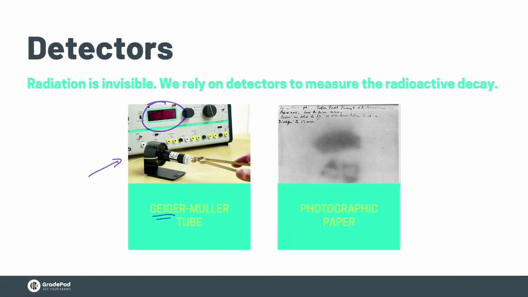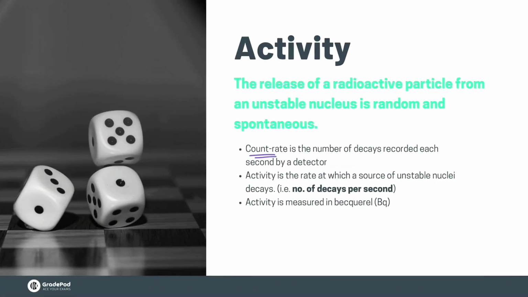So using our Geiger-Müller tube, we can record the number of decays every second. And we measure how much that count rate is by something called activity. Activity is the rate at which a source of unstable nuclei decays. And in simple terms, that means it's the number of decays per second.